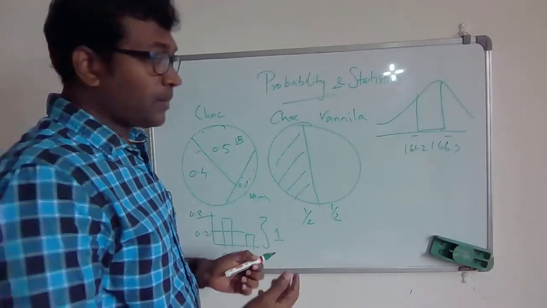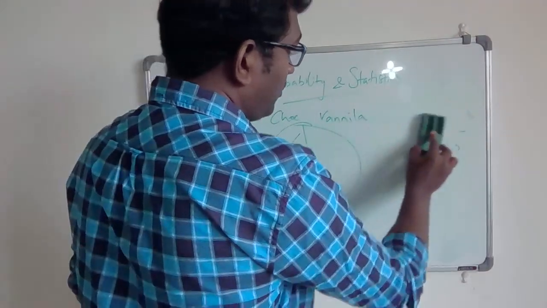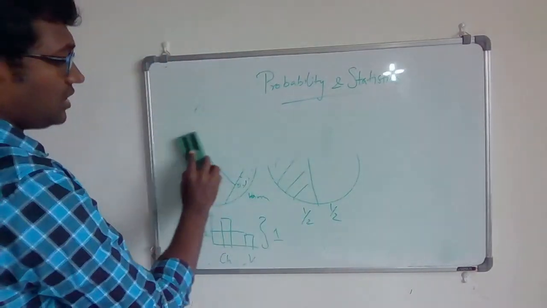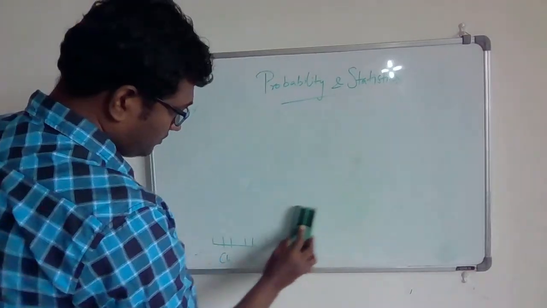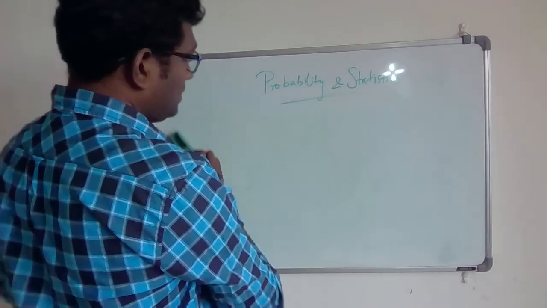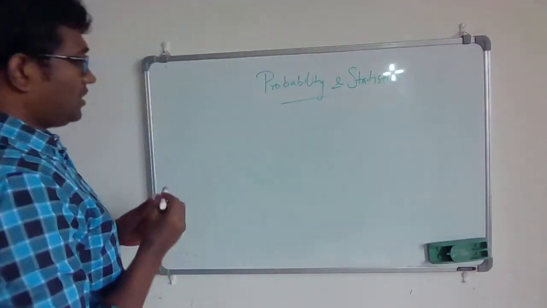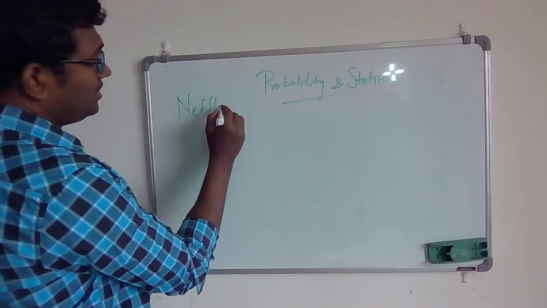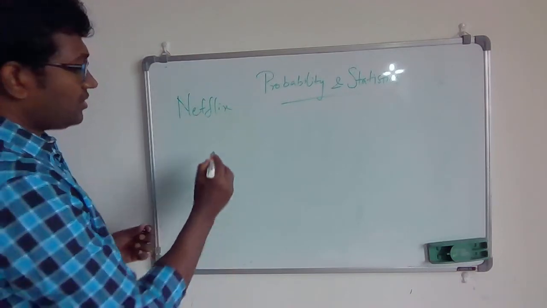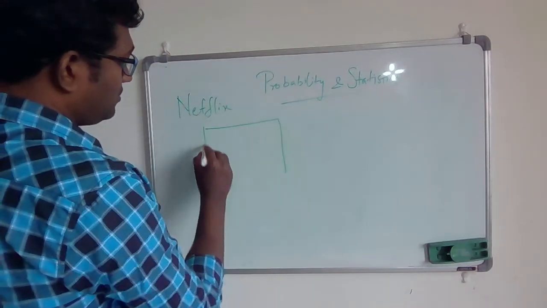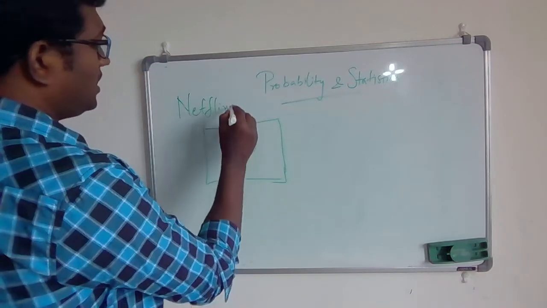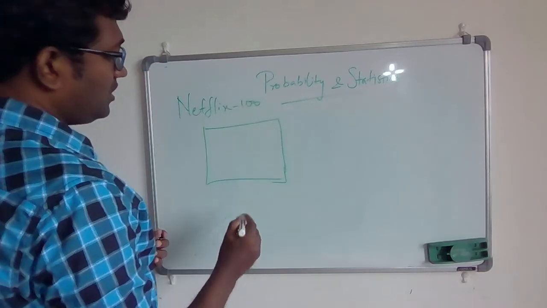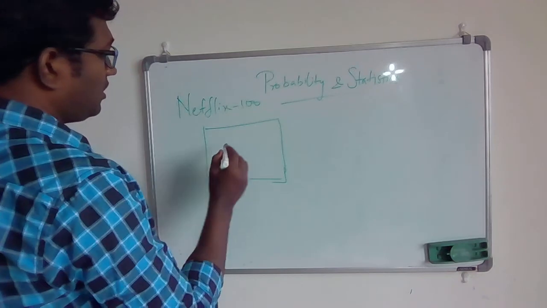Now let's extend this idea of probability distributions and see how we can make use of it in some examples. Let's say we have Netflix as a movie provider, and they have 100 users, divided into 50 male and 50 female.